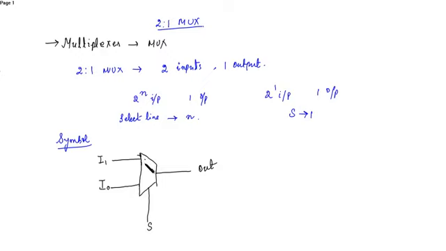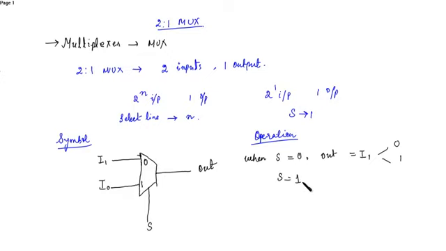Let's say this is 1 and this is 0. The operation of a 2:1 mux states that when the select line S is equal to 0, then my output will be I1, whatever the value of I1 will be, maybe 0 or maybe 1.